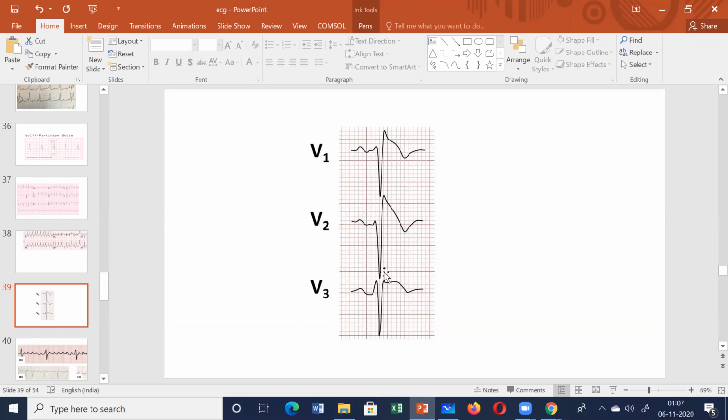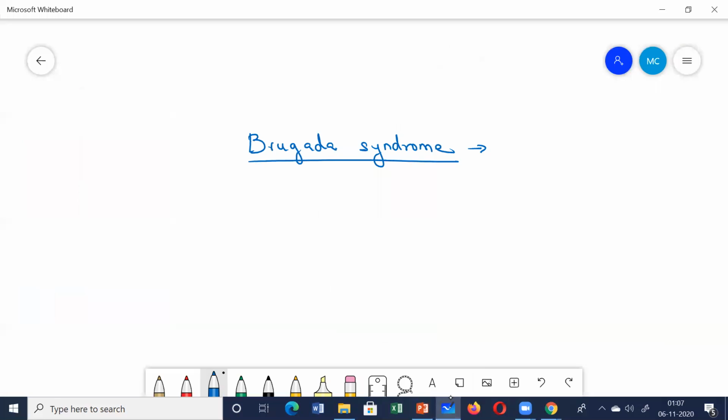If the patient has developed a cardiac arrest and afterwards you came to know this patient had Brugada syndrome, we implant a defibrillator, the implantable cardioverter defibrillator, because we never know, anytime they can precipitate with ventricular tachycardia.